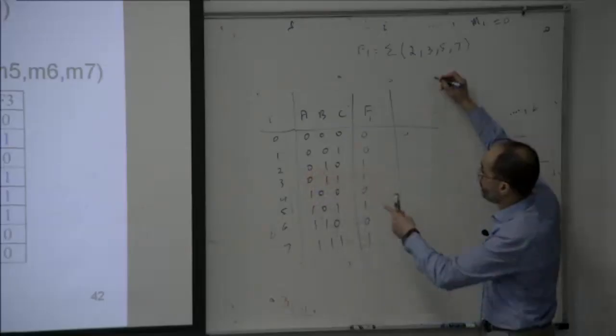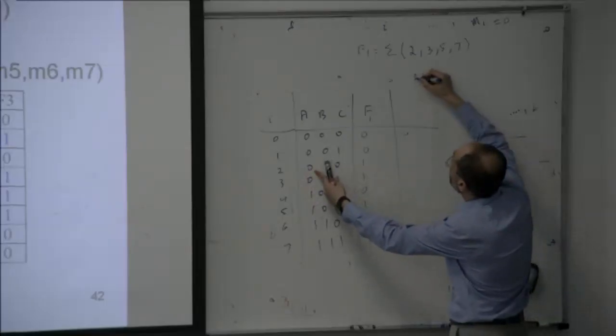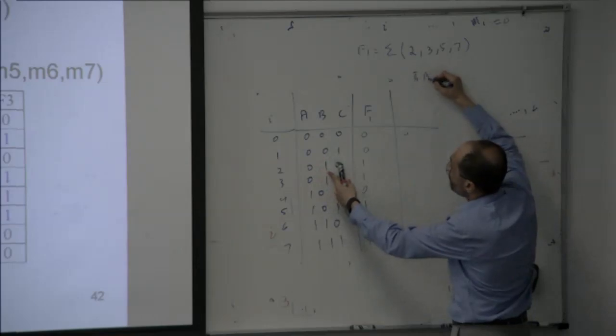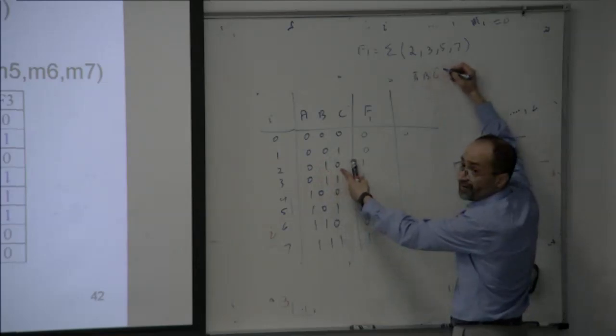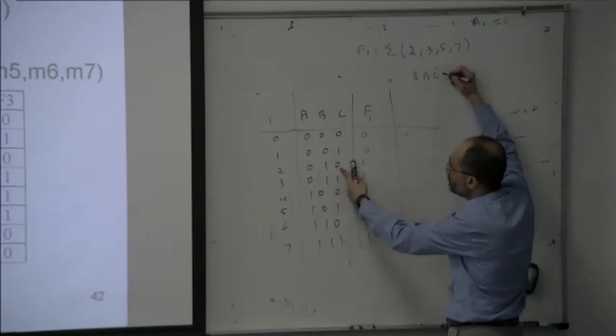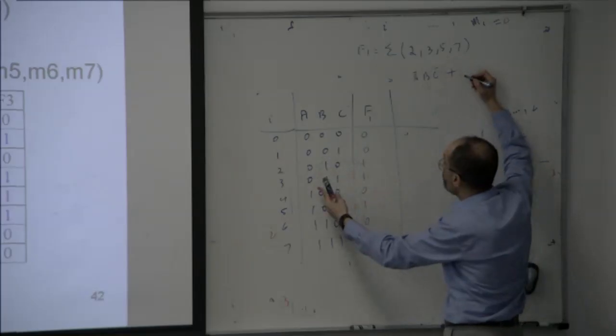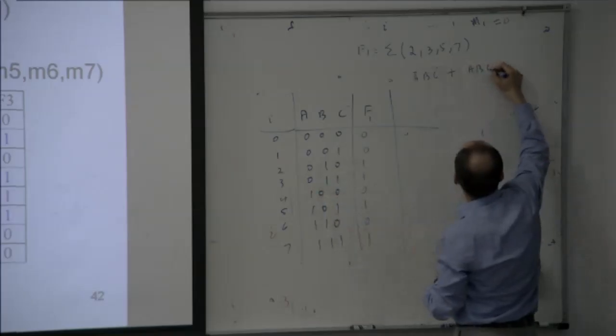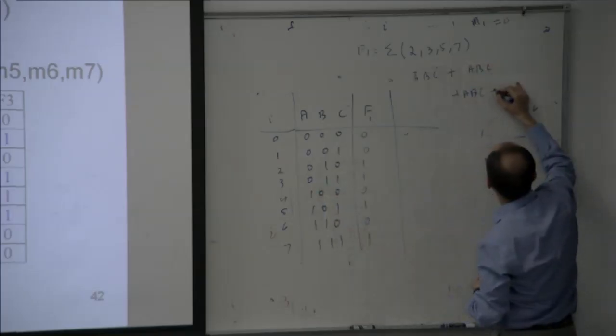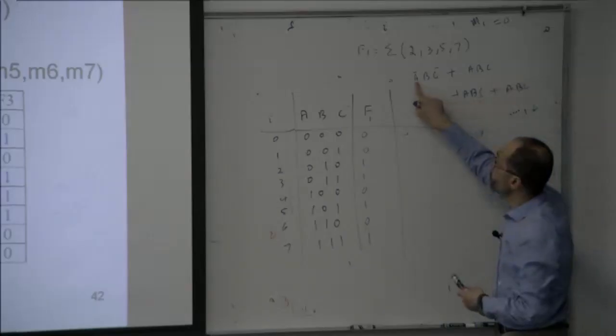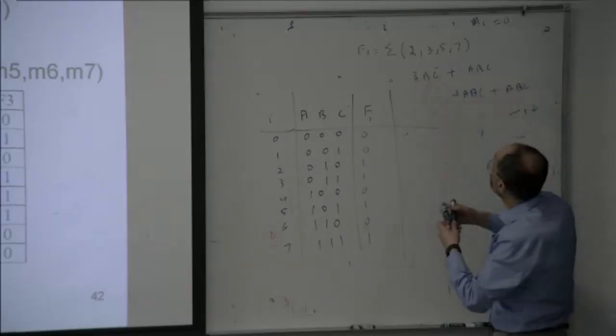How can I write it? 2 is a bar, b, c bar. Okay, 0, 1, 0, plus 3. So it is ABC plus ABC plus ABC.